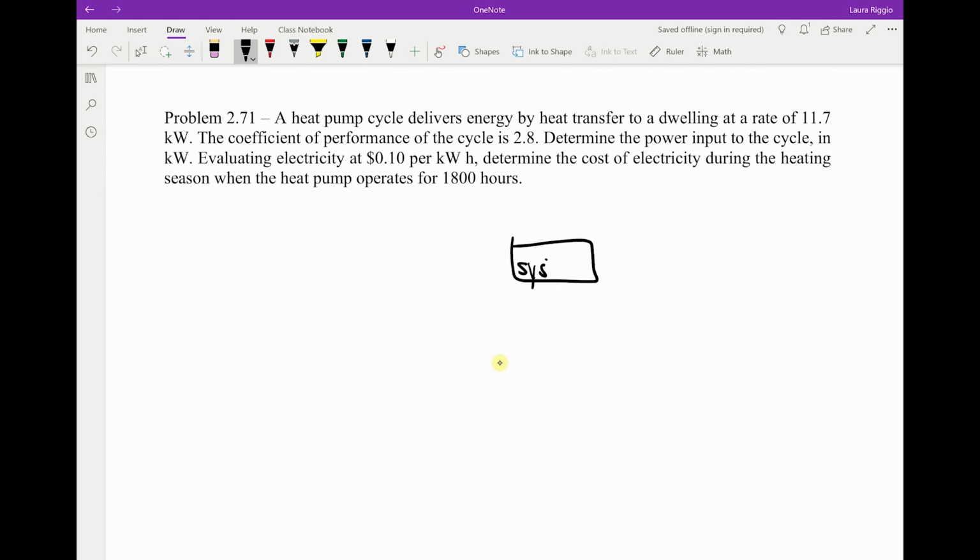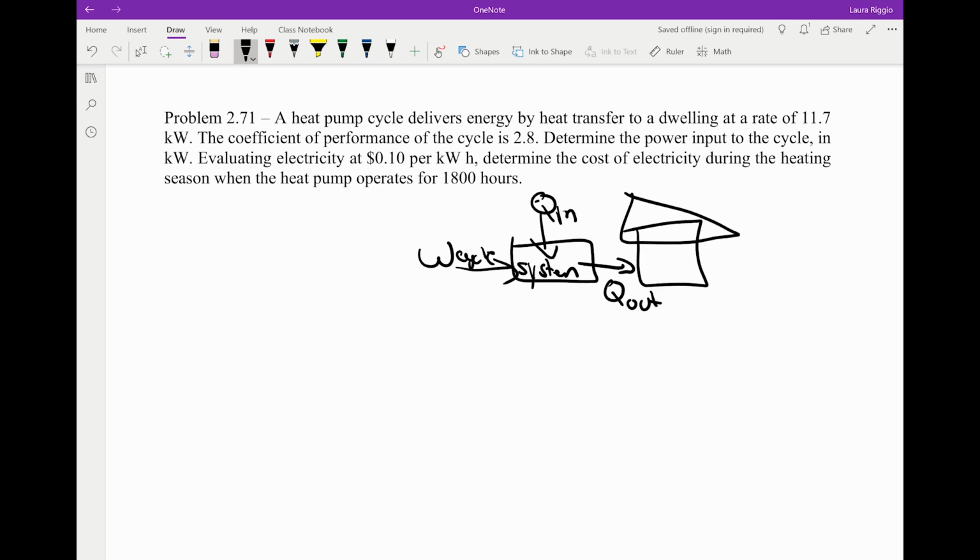So schematically, what do I mean? Here's my system. Here is Q out. Here's Q in. Here's W cycle. And here is my badly drawn house, and my coefficient of performance is 2.8.